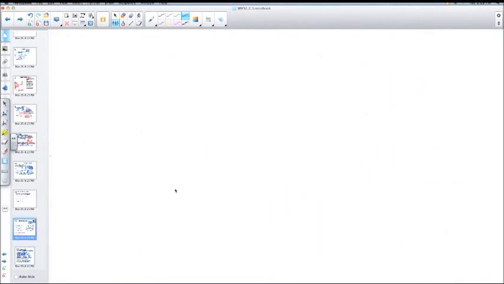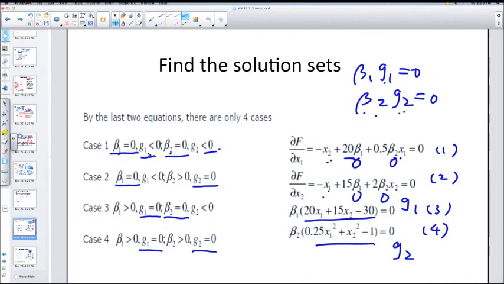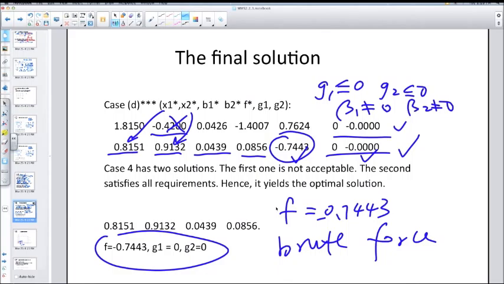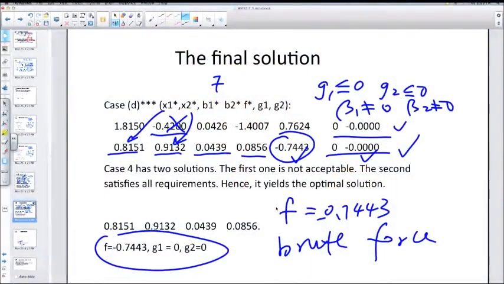We got 8 different points. So among the 8 points, you check one by one. Check what? You check if they satisfy all the constraint equations, and if it is good for all the inequalities, then automatically 7 points are eliminated. The only point left is this point. And that's the solution.